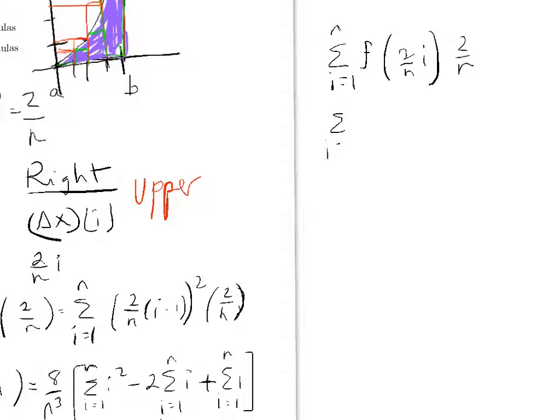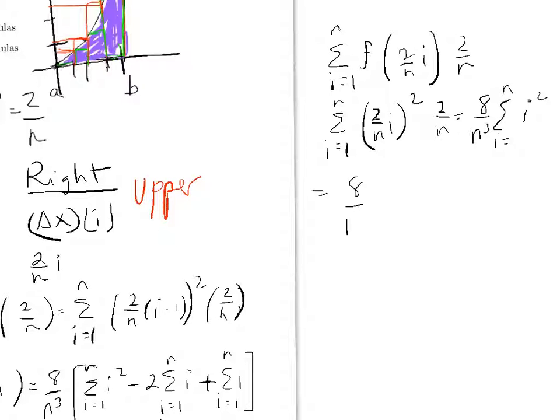Plugging that in, that is equal to 2 over n i, all squared, times 2 over n. So once again, we can factor out an 8 over n cubed, and now we're just left with i squared, and that is a simple formula. So it's 8 over n cubed times n plus 1 times 2n plus 1, over 6.